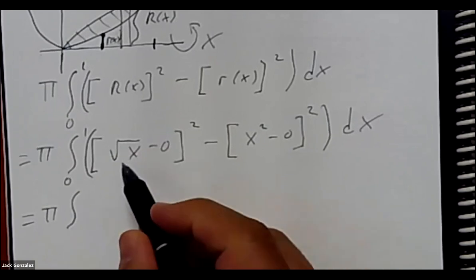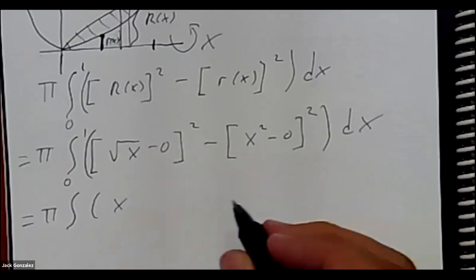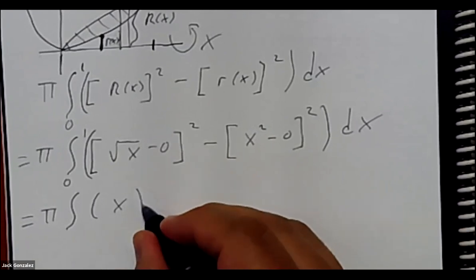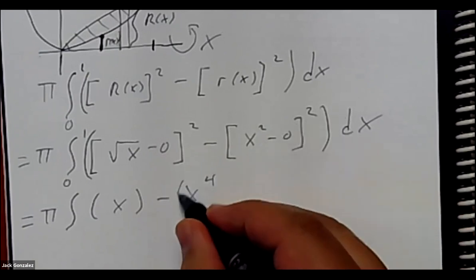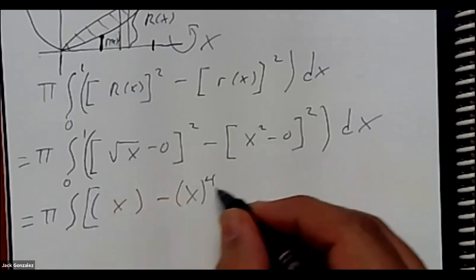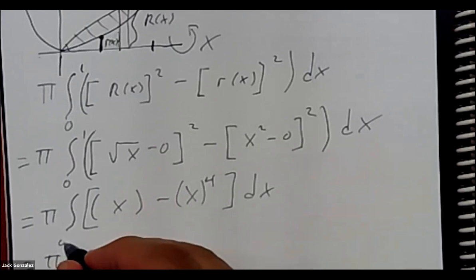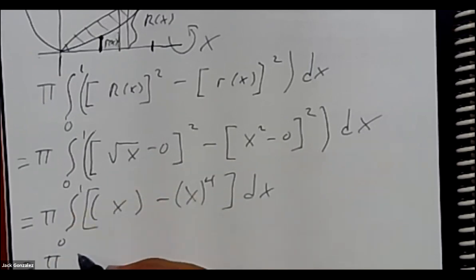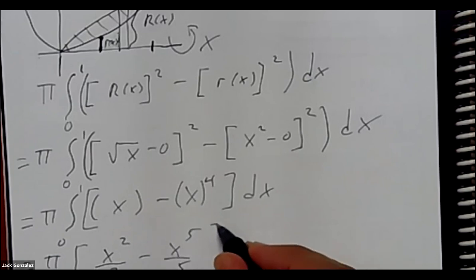Okay. So square root of x squared, that's pretty easy, right? That's just x, minus this squared, which will be x to the 4th. So that's just dx. So integrate that guy from 0 to 1 and we get x squared over 2 minus x to the 5th over 5 from 0 to 1.